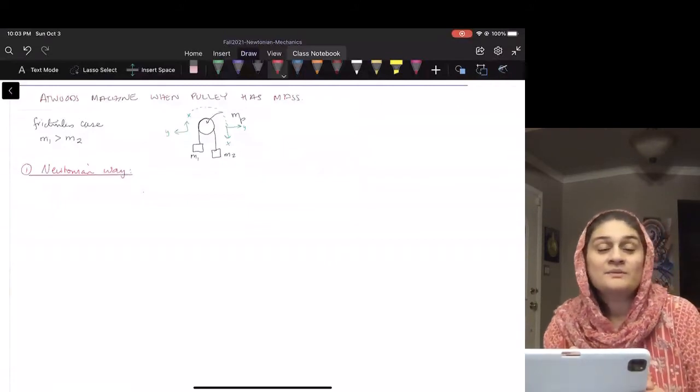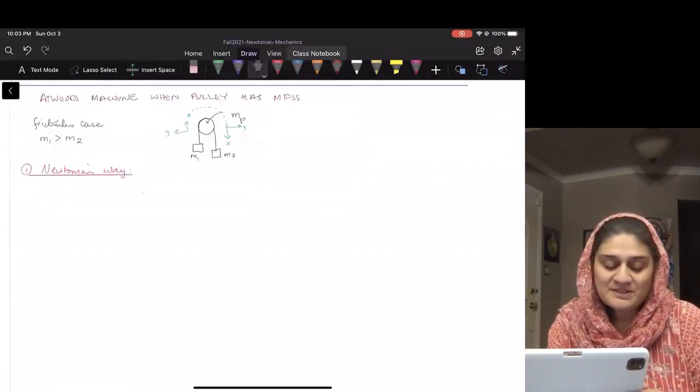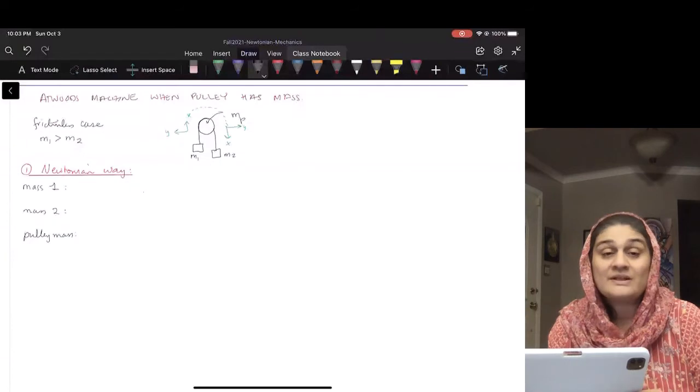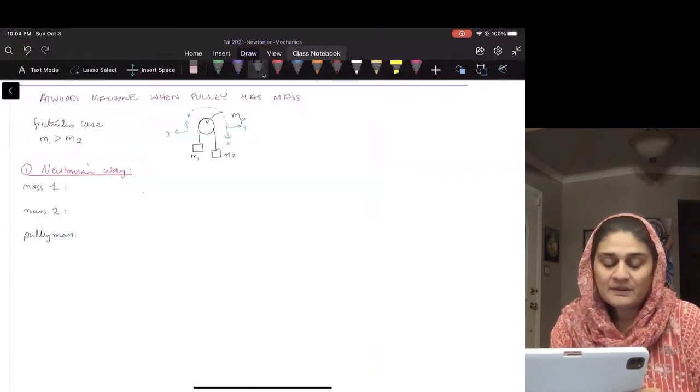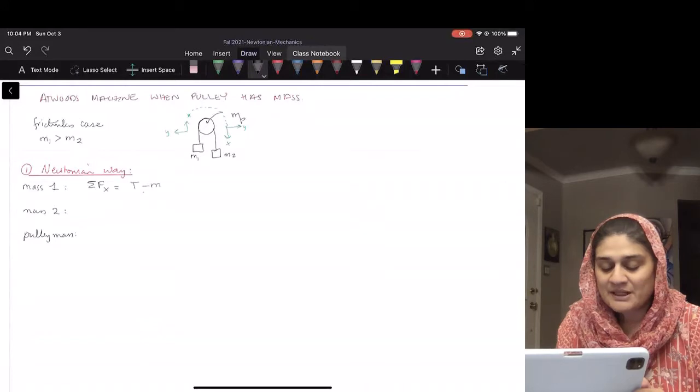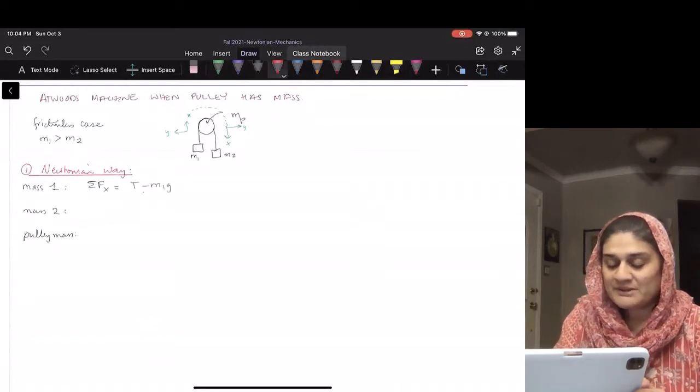In our Newtonian mechanics method, how many masses will we have? We will have mass 1, we will have mass 2, and we will have the pulley mass. So let's write the force equation for each of them. For mass 1, the force equation will be sigma Fx equals T minus M1g, where T points upwards and M1g points downwards.